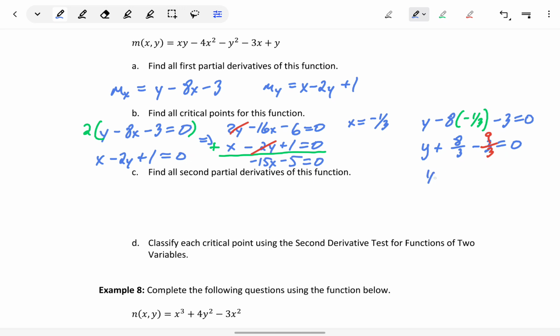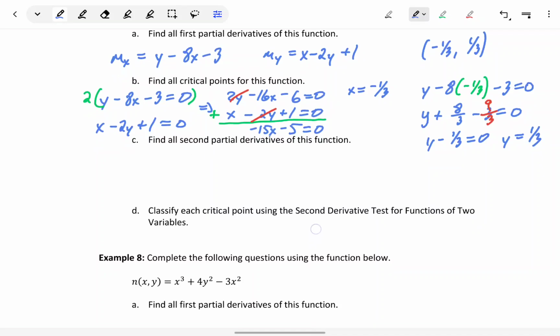So we get y plus negative 1/3, so y minus 1/3 is equal to 0, or y is equal to 1/3. That means we have a critical point at negative 1/3, comma positive 1/3, and we'll test that using the second derivative test.